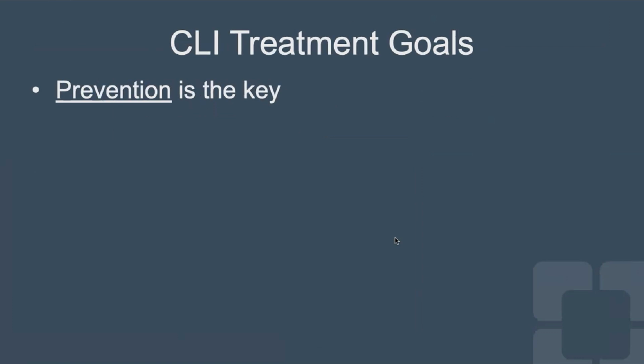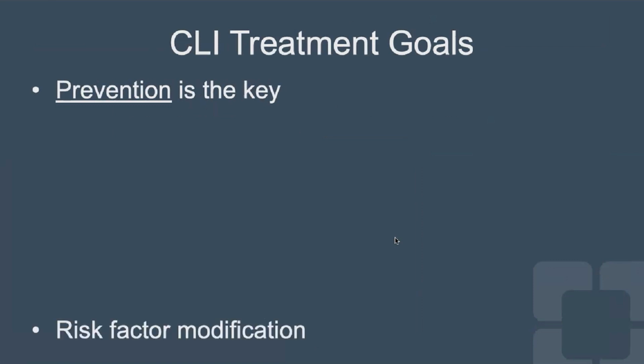So next, if you have these patients that you've now decided have what appears to be critical limb ischemia or peripheral arterial disease, somewhere along the peripheral arterial disease spectrum, and we've diagnosed it using the testing modalities we talked about, how do you treat these? Well, the treatment goals, prevention is the key.